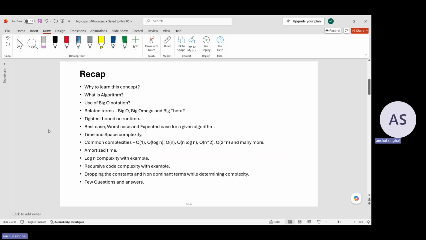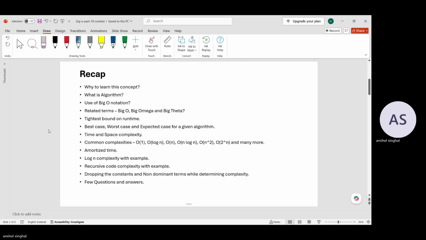Complexity means how much time an algorithm is going to take to run, which we call time complexity. The other one is how much space or memory a given algorithm is going to take when it is executed. That is referred to as space complexity.